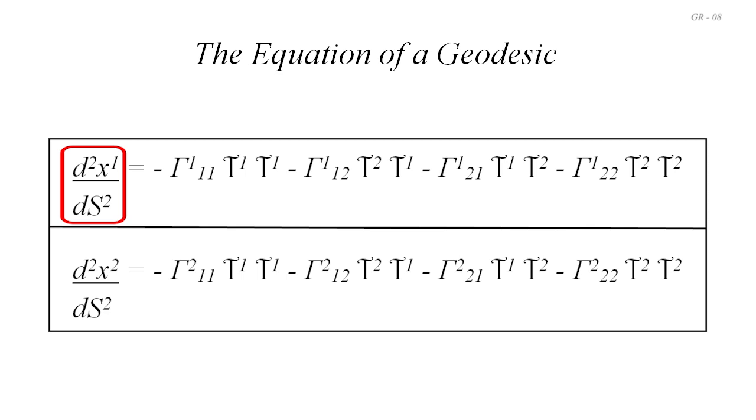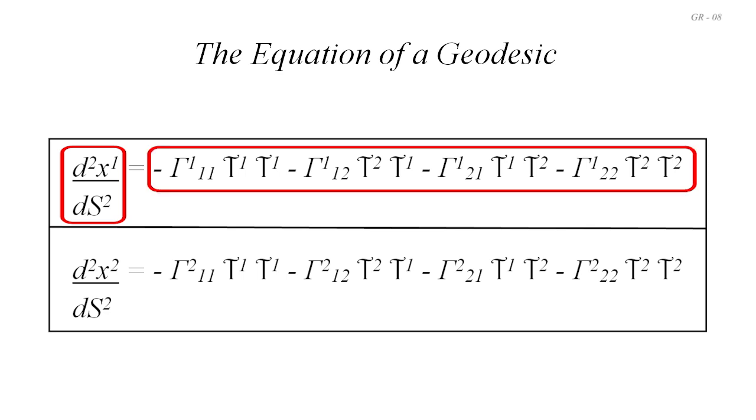If this measured d2x1 by ds squared is not 0, it means that the trajectory is being measured to go in a curve. However, that's not a problem, providing this d2x1 by ds squared is equal to, or if you like, is produced by, all this lot from the metric tensor at that point.